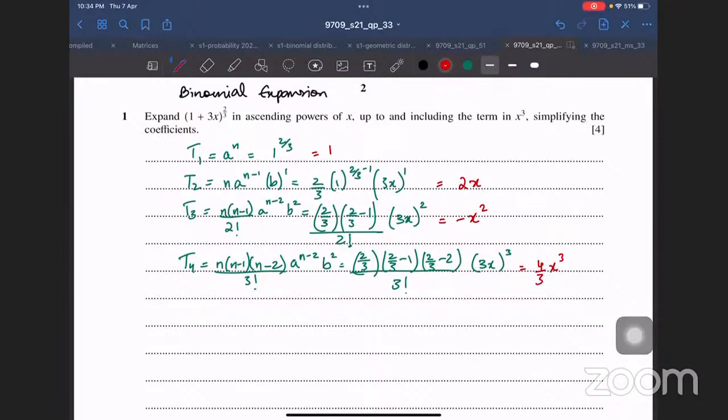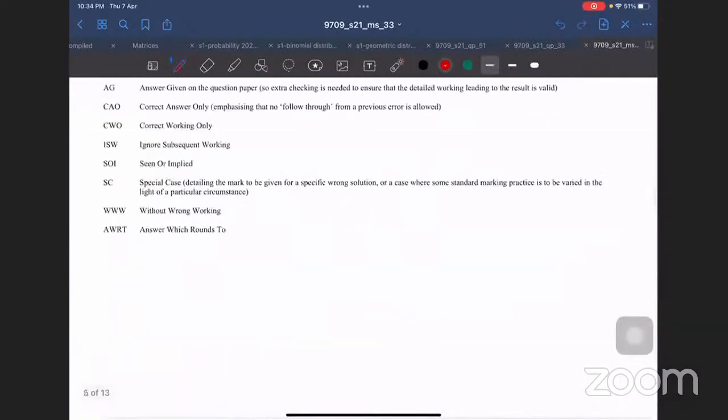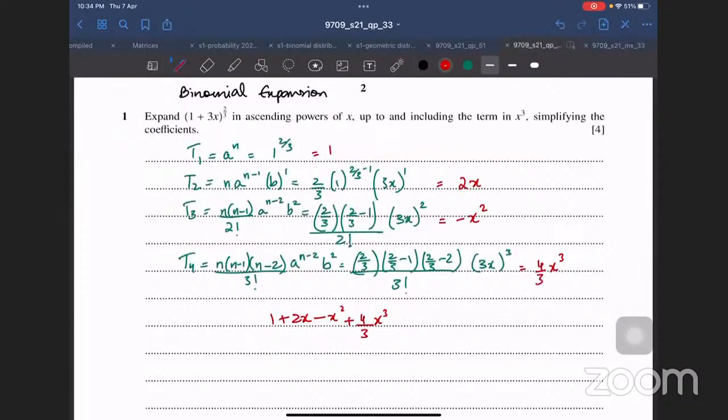So the expansion is 1 plus 2x minus x squared plus 4 over 3 x cubed. Okay, that's the correct answer.